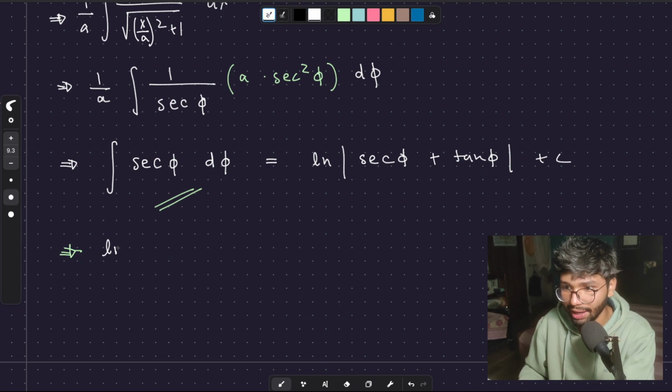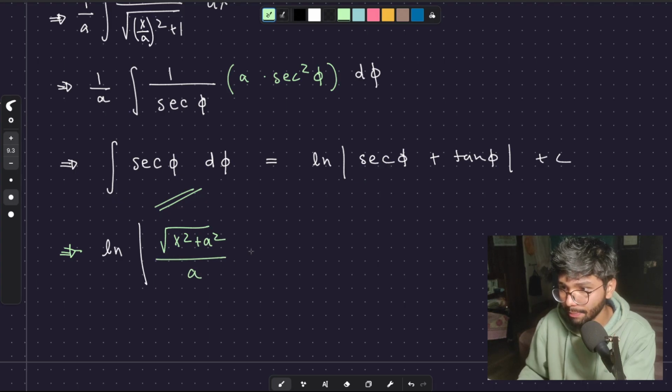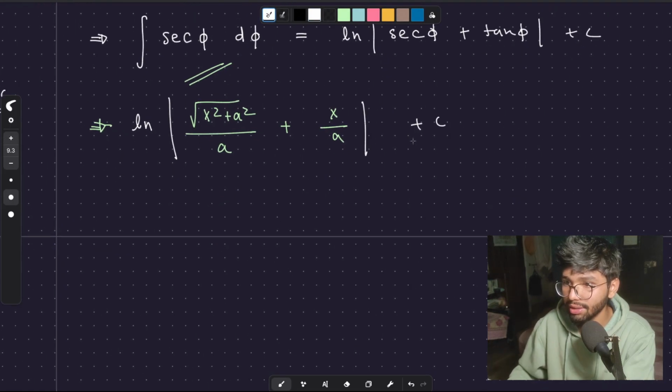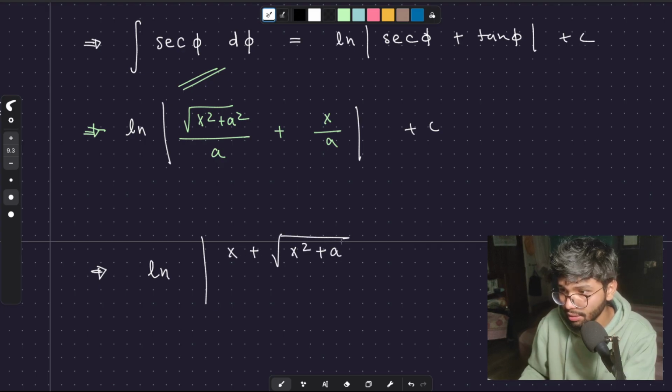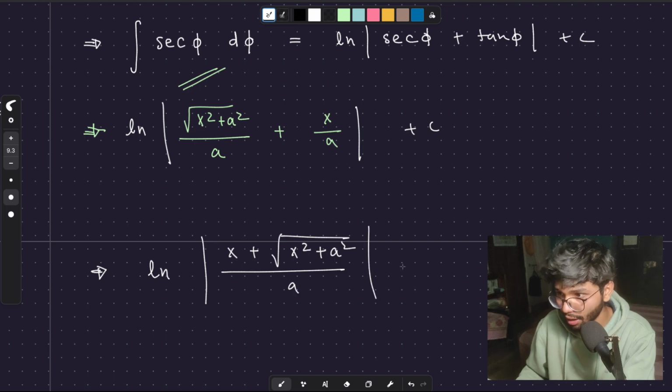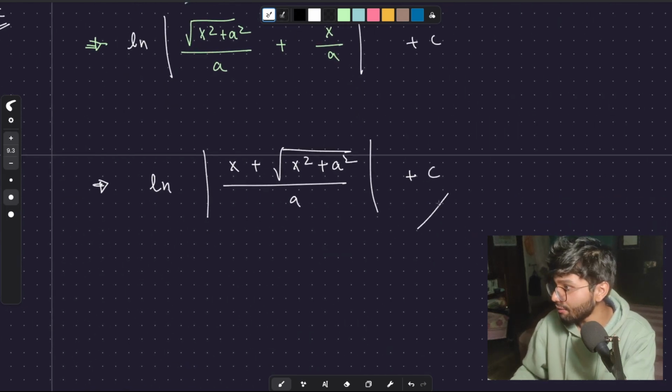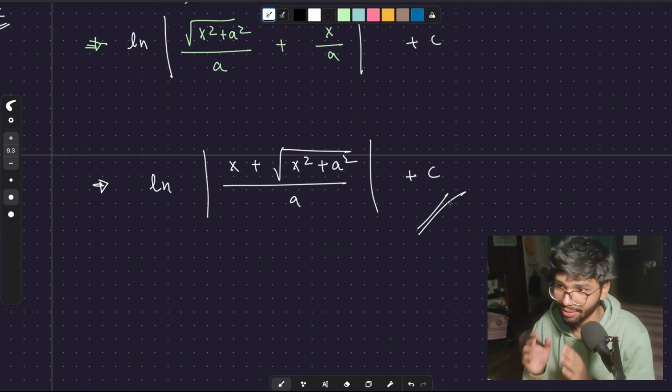So it's going to be natural log of, we'll have the secant first, so the square root of x squared plus a squared over a, plus x over a, and we're going to close the modulus here, and then we're going to write it in a different way to be able to memorize it better. So great, awesome, and we have the final result over here.